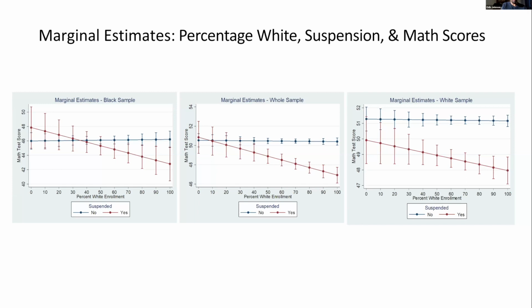And we actually show that for Black kids who have been suspended, that's the red line, their math outcomes are really no different than the Black kids who have not been suspended, which is the blue line. But as the percentage of white enrollment increases, you actually see that math score decline to the point where it's lower for kids who have been suspended, and it is significantly lower.